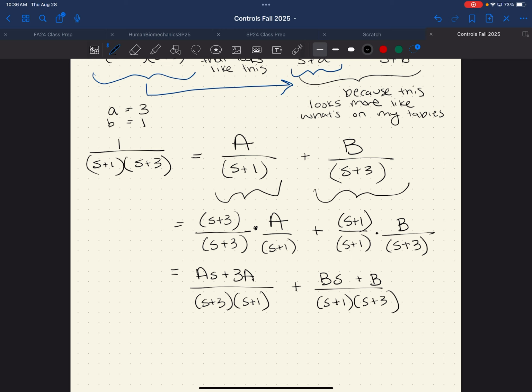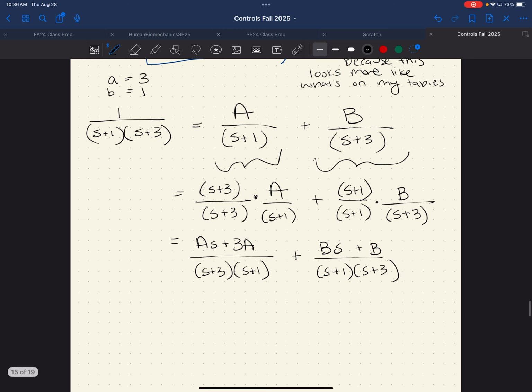We could simplify even further because these things add, since the denominators are the same. So really we could even smush it all into one fraction.